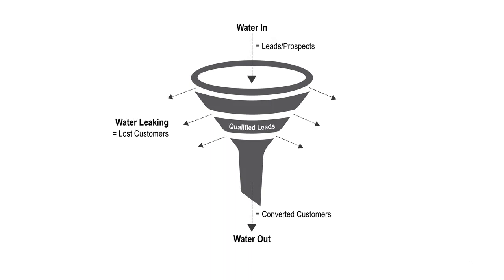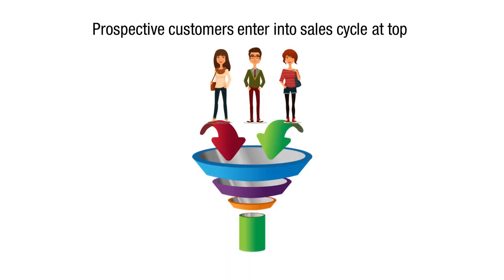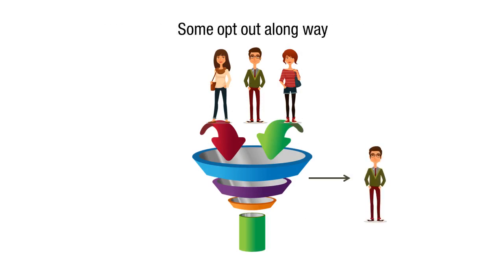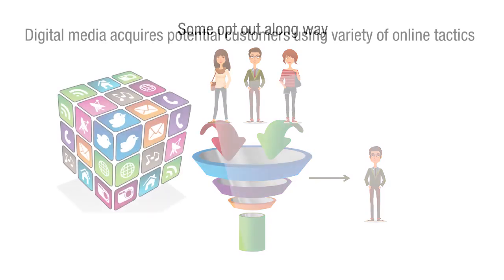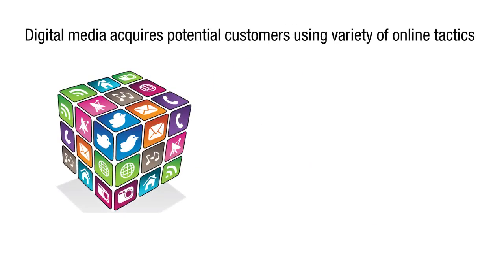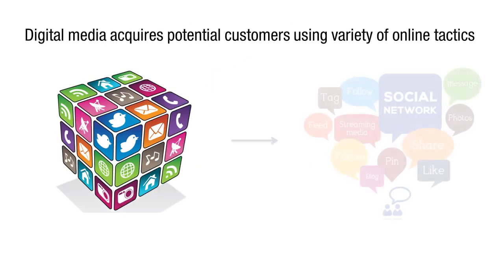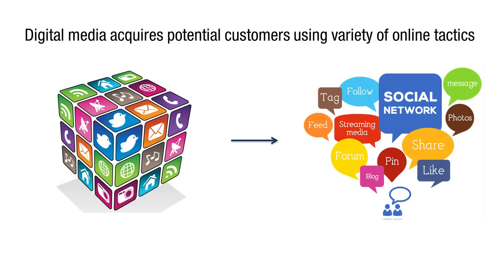The idea behind the funnel is that many prospective customers enter into the sales cycle at the top, but some opt out along the way. Digital media reaches out broadly and acquires potential customers using a variety of online tactics.